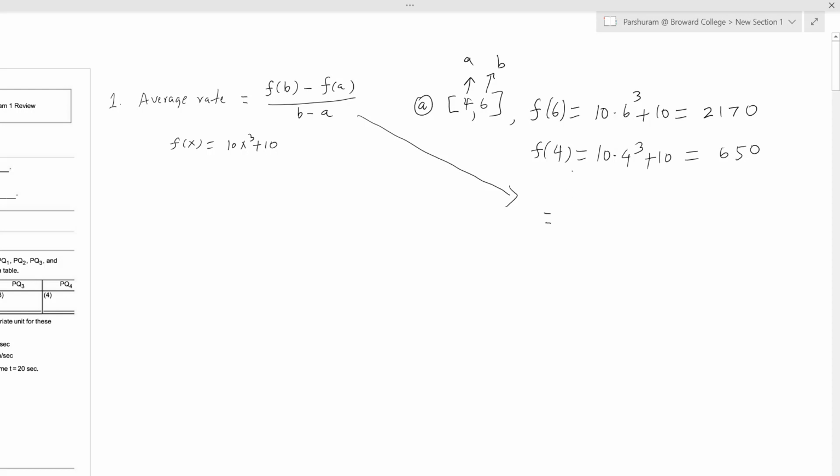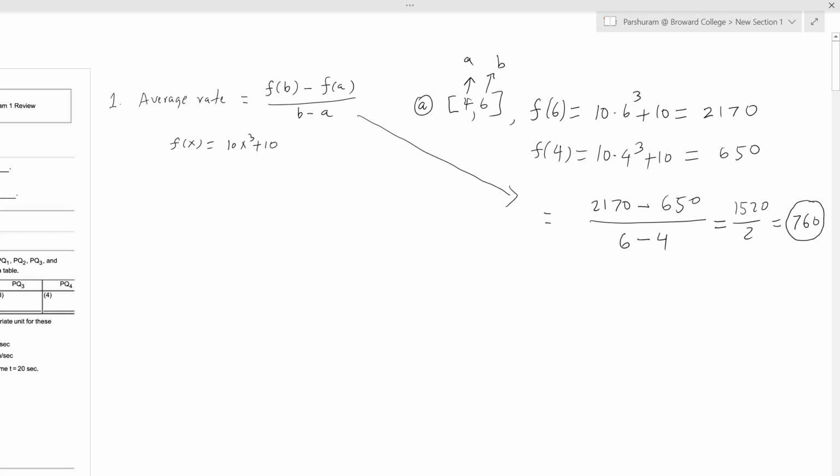If you plug in 2170 for f of b, 650 for f of a, and 6 for b and 4 for a, you will get 2170 minus 650, I can use calculator for that. 2170 minus 650 is 1520, divided by 2, that is 760.